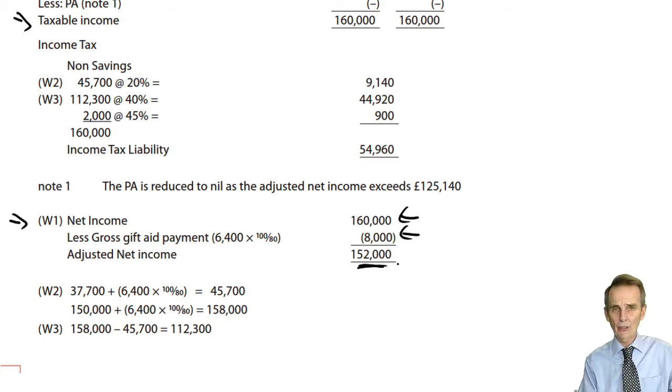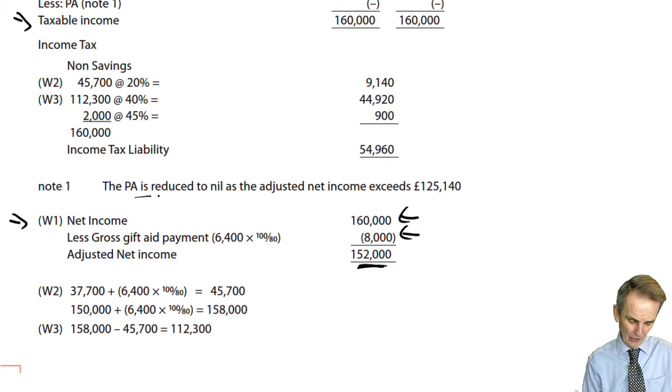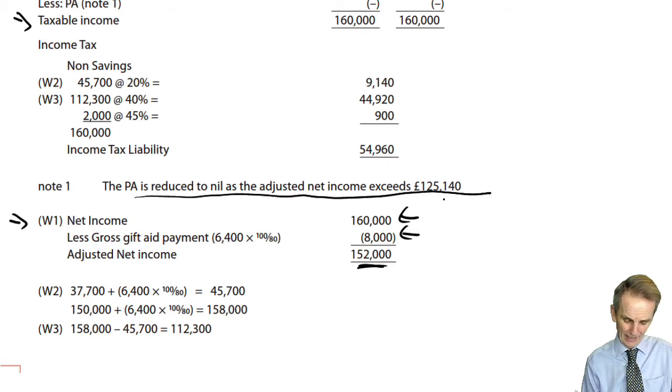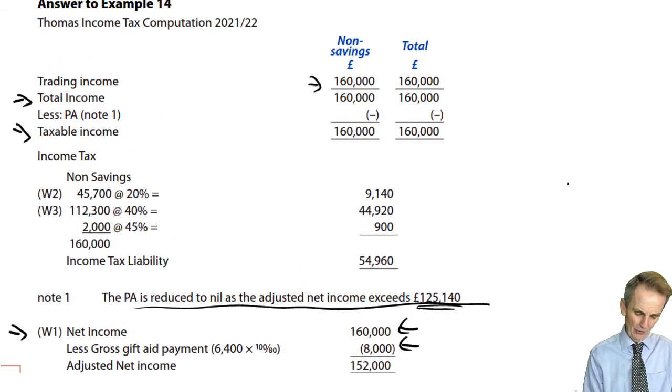There's the 152,000 we computed. Well in excess of 125,140, the personal allowance is reduced as the adjusted net income exceeds 125,140. Again, reduced to nil there, I should say, as we've gone above 125,140. So no personal allowance to come in here. Taxable income is also 160.